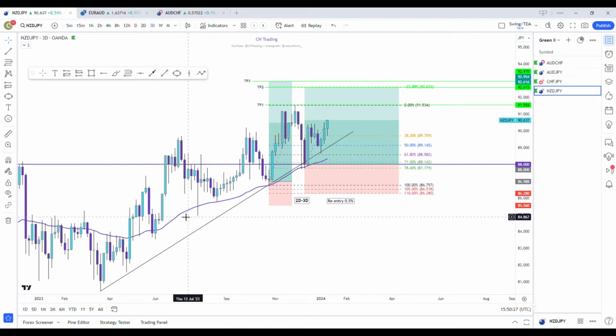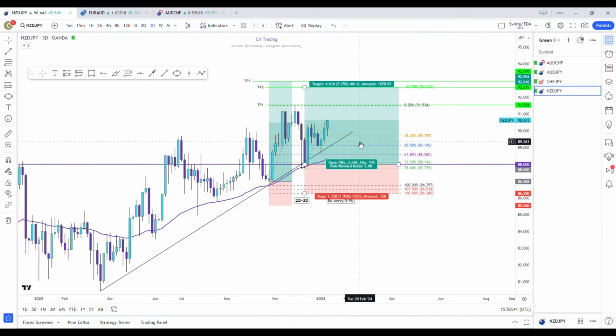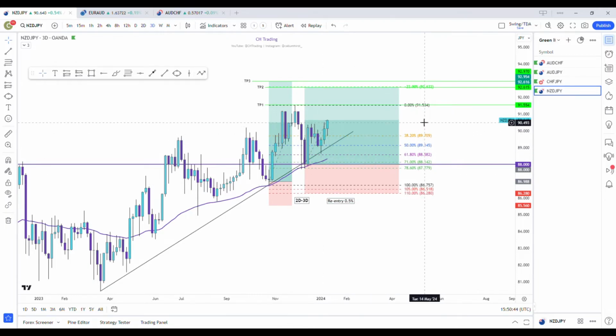I do use the 61.8 quite a lot, so I'll go over that in the fib video. Same with the 50, same with the 38.2, but I just like having these as different colours as they have different meanings. So it helps to relate colours to meanings when you're doing this sort of stuff. It helps keep things organised. Might be a choice of preference, but that's what I'd recommend anyway.